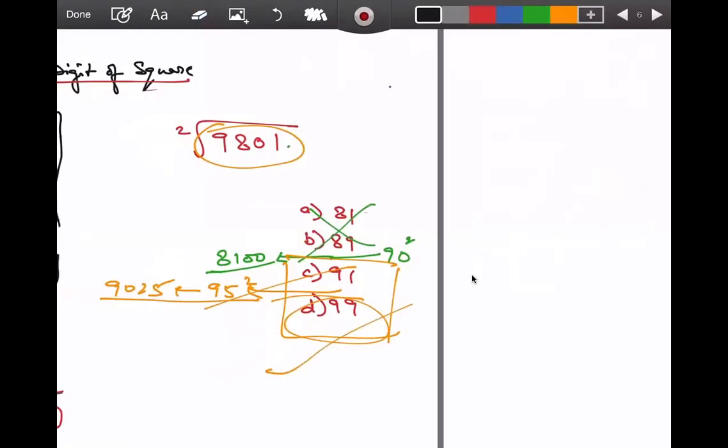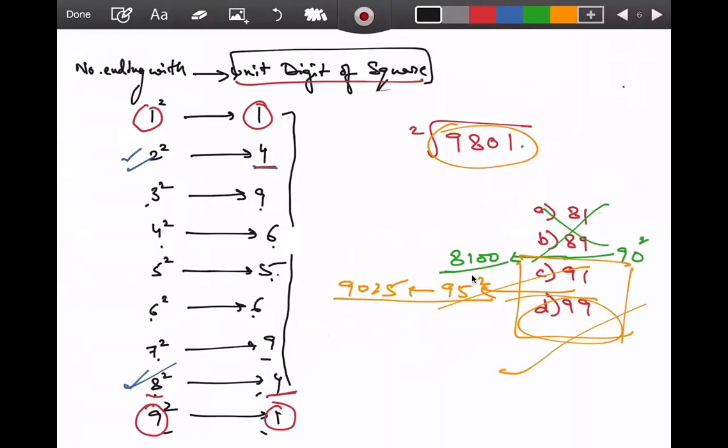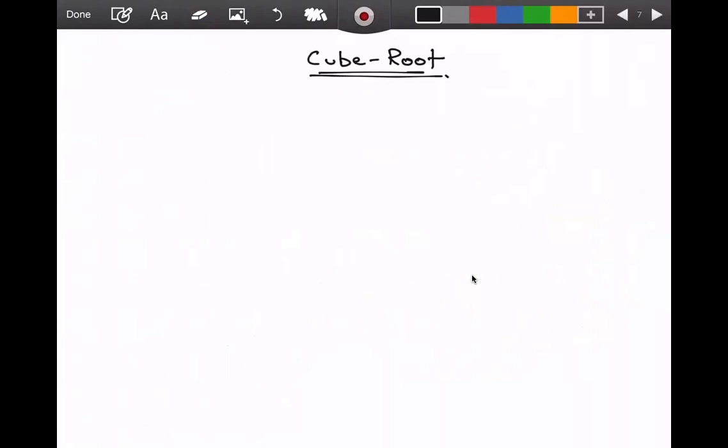So the way we used the unit digits for squares, we will use for cubes also. So unit place. If a number ends with 1 and we find cube of that number, answer will be 1. 1 cube is 1. For 2, 8.